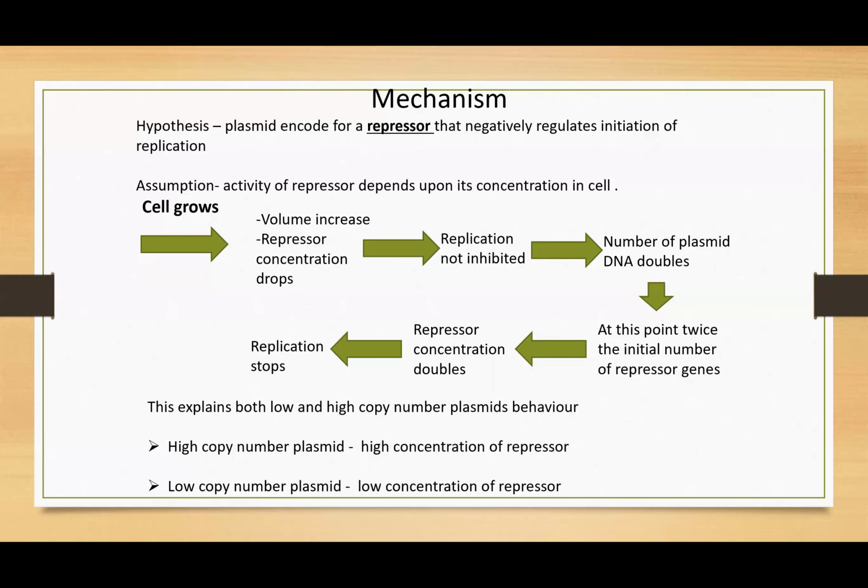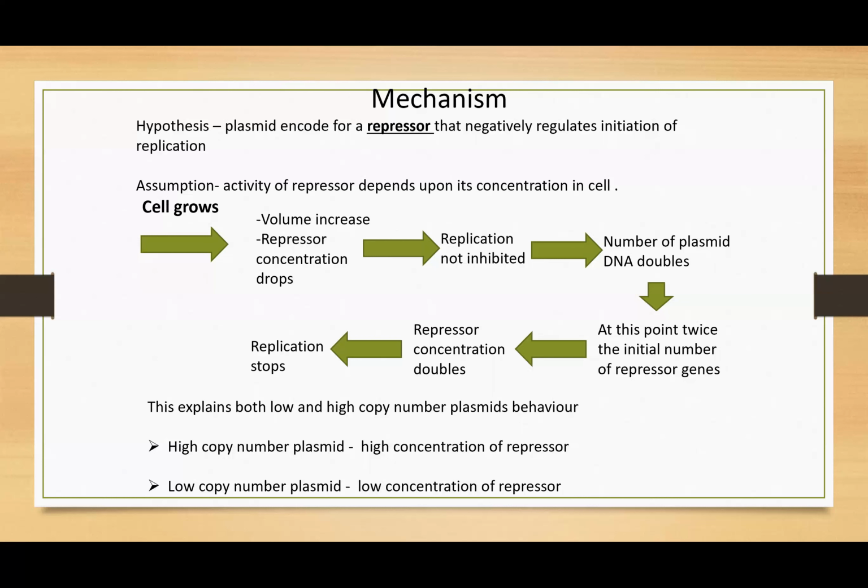The repressor concentration goes down, DNA replication takes place, and the two plasmids become 4 plasmids. And these 4 plasmids then make repressor, and when the concentration increases, it shuts off plasmid replication.